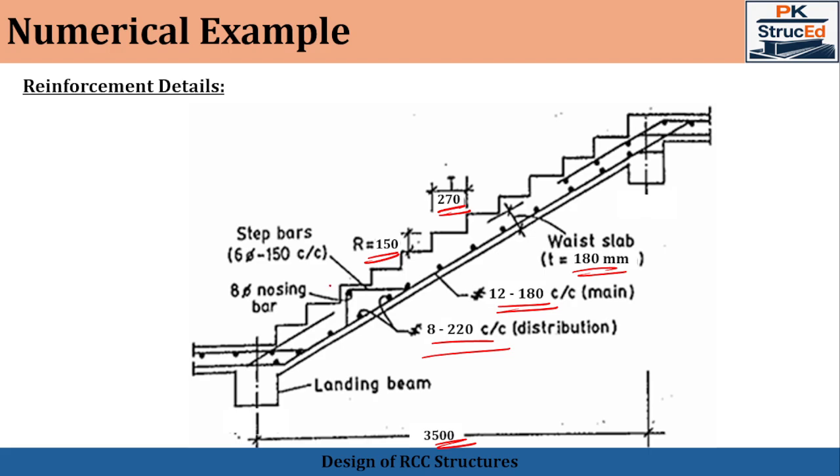Here, the nosing of the steps can also be provided with bars of 8 mm dia, and the step bars, in order to have a monolithic casting of the steps as well as the slab, using 6 mm dia bars at 150 mm centers. So these are the reinforcement details for the slab that has been designed.